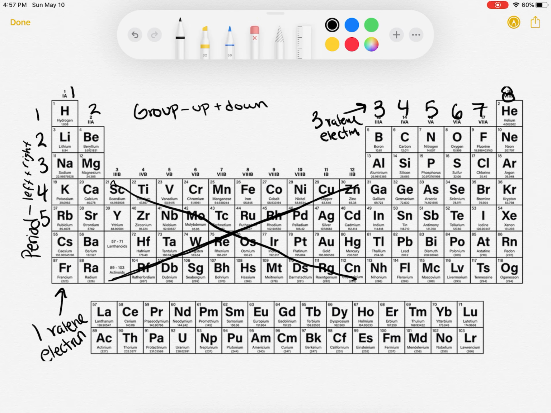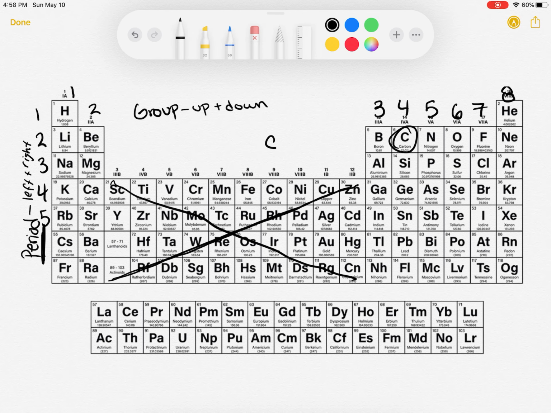Alright, let's make sure that this works by doing a couple examples. Picking carbon, for example, let's draw the structure of carbon and see if it matches. Now we know carbon has 6 electrons because its atomic number is 6 and we know it's neutral. So if I was going to draw carbon, I would want to draw 6 electrons. Now, the periods can be really helpful in drawing structures because the periods tell us the number of shells.